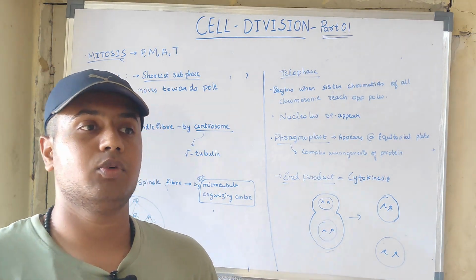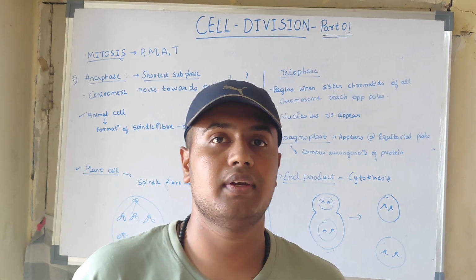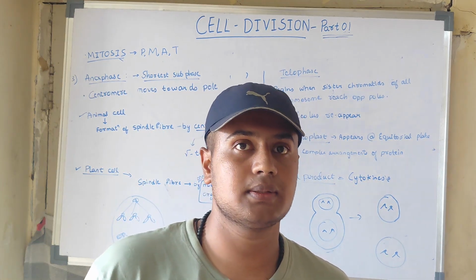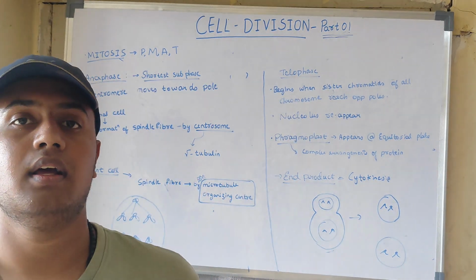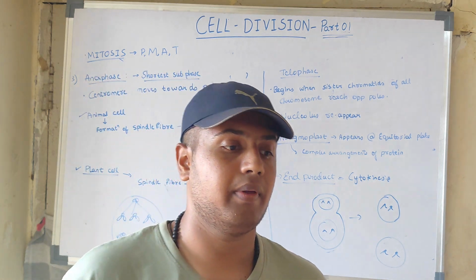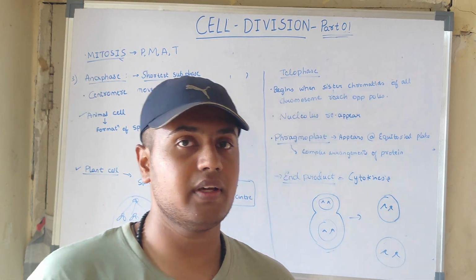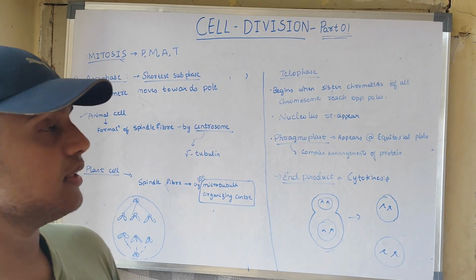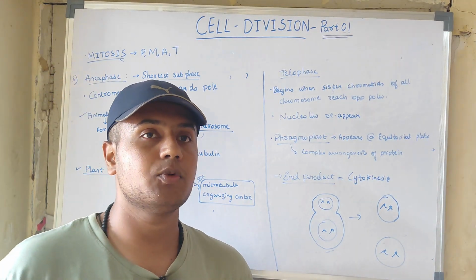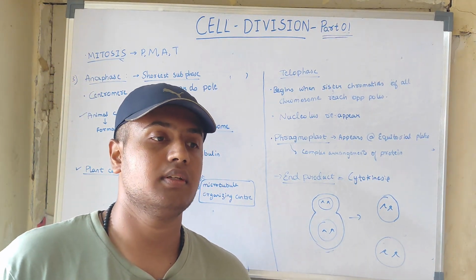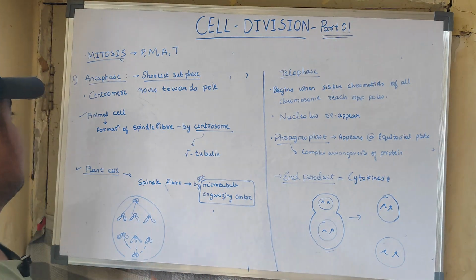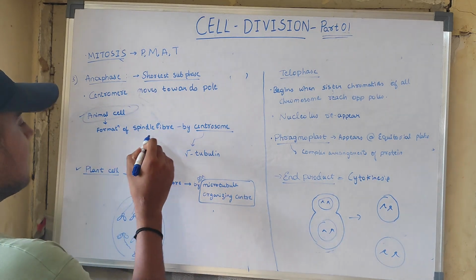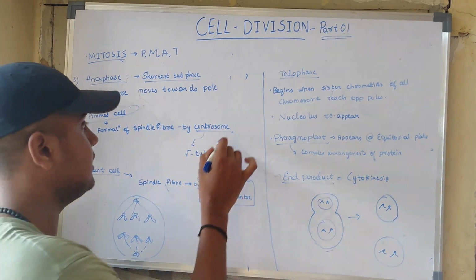Okay, let's move on to the next phase, that is anaphase. Anaphase is the shortest subphase and prophase is the longest subphase of M phase, whether mitotic or meiotic. Here in anaphase, centromeres move towards the opposite poles of the cell, and in animal cells, the formation of spindle fiber is by centrosome.